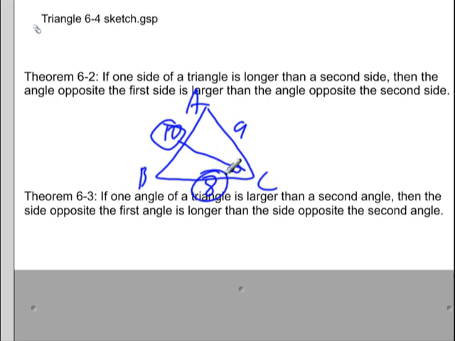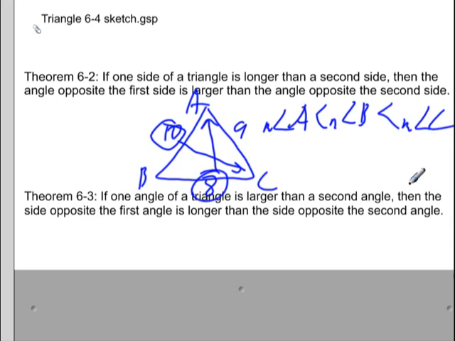BC is the shortest side, so the angle opposite that is going to be the smallest angle. So the measure of angle A is going to be smaller than the measure of angle B, and that's going to be smaller than the measure of angle C. Wow, that writing is really sloppy, but hopefully you heard what I said.